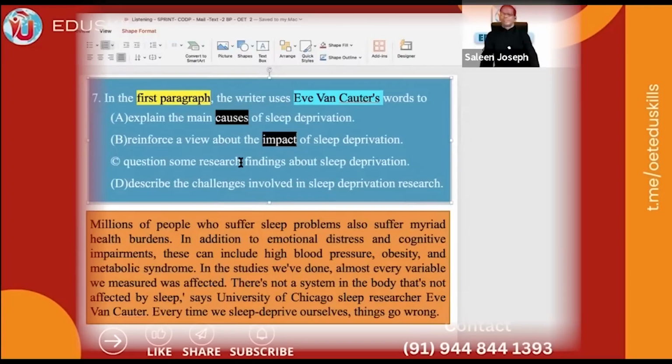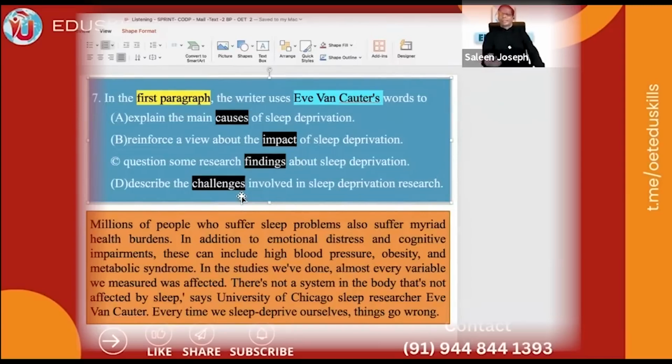Research findings. Challenges. See, these are different concepts. Now, cause, impact, findings, challenges. Four things. Now, as you read or listen, you understand the nature of the language.